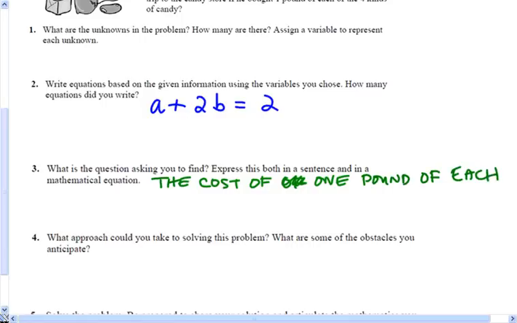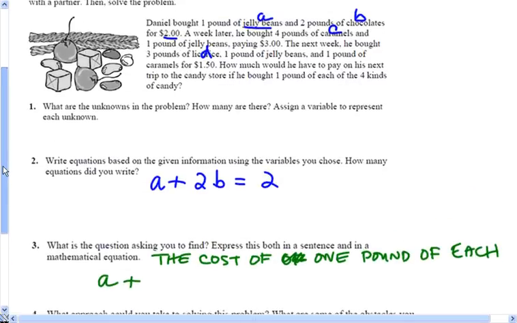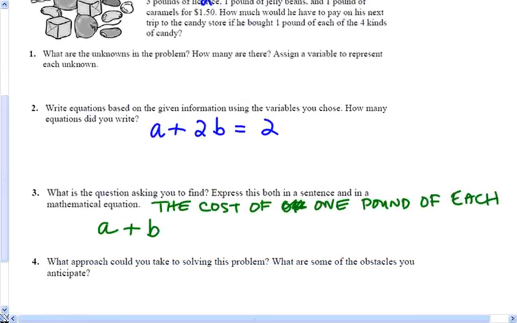So basically what we're saying is if we buy 1 pound of jelly beans, 1 pound of chocolates, 1 pound of caramels, 1 pound of licorice, what would that cost? So let's say that's our question mark. So we're wondering what A plus B plus C plus D is.